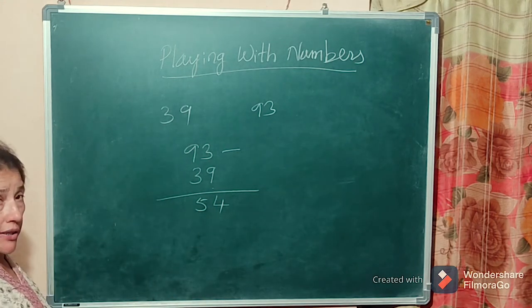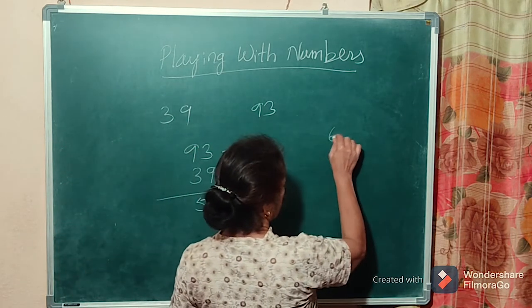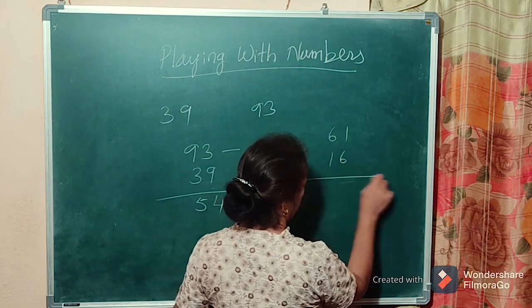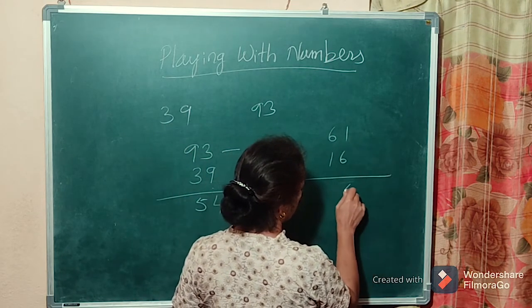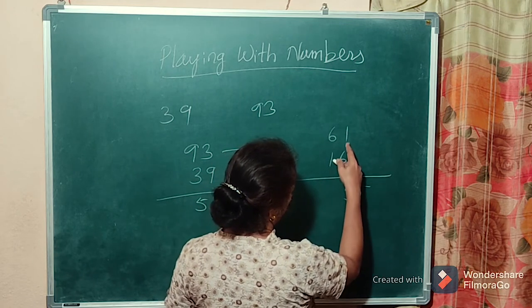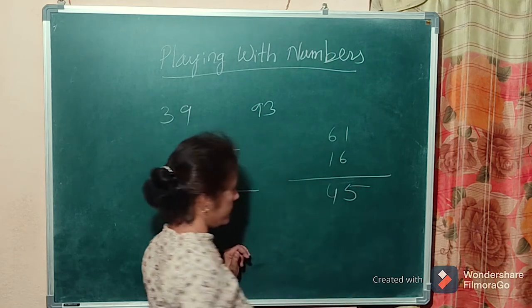Again, think of another two-digit number, 61. Reverse it, 16. Find the difference. 11 minus 6, 5. 6 minus 1, 5. 5 minus 1, 4.